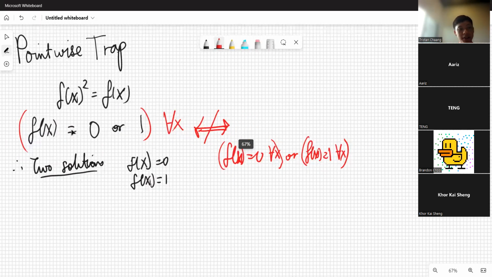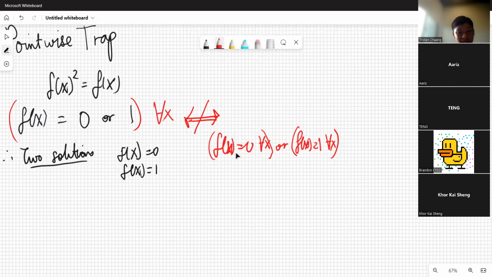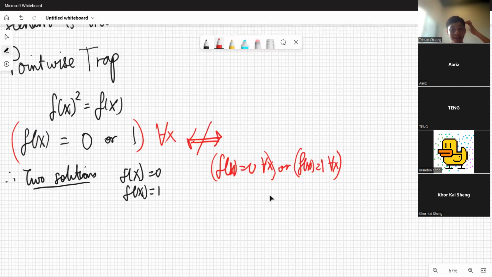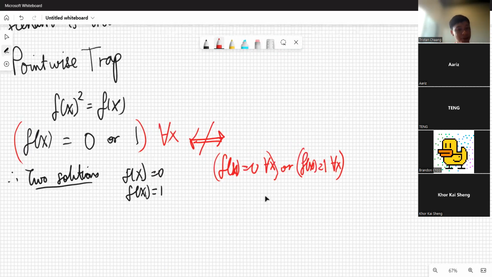Or sometimes you get f(x) equals 1 or x squared, maybe. Remember the pointwise trap. It is for every point, it can be one of the two choices. But it is not one of the two choices for every single point. So please digest this, it is very important.